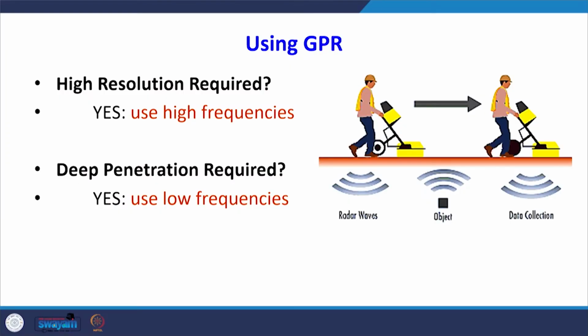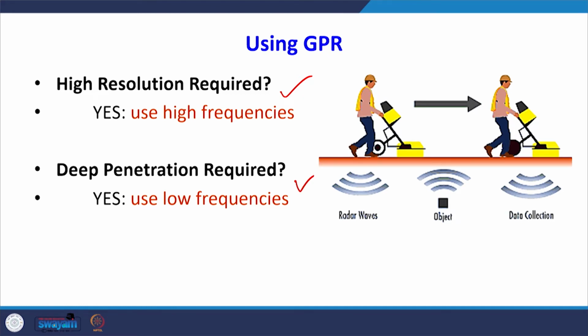The rays can penetrate to a certain depth, and it will depend upon the frequency of the antenna which is being used. As you can see here, if you require very high resolution data, you have to use high frequency, and if you require very deep penetration, you have to use a low frequency antenna.